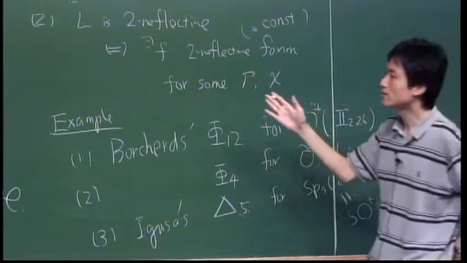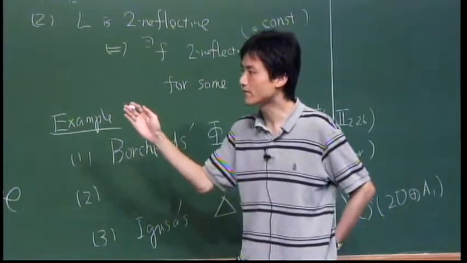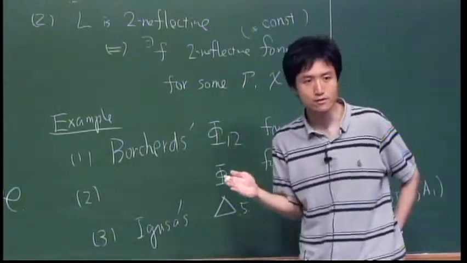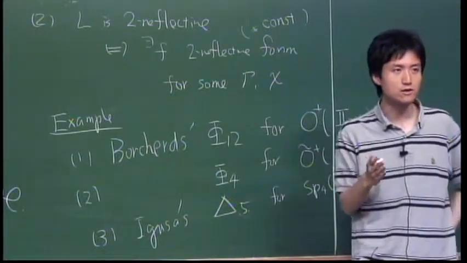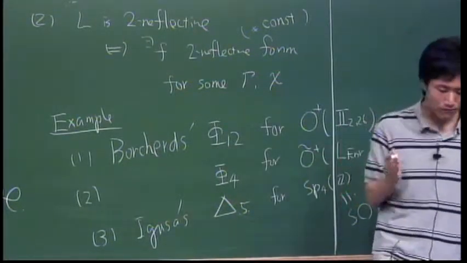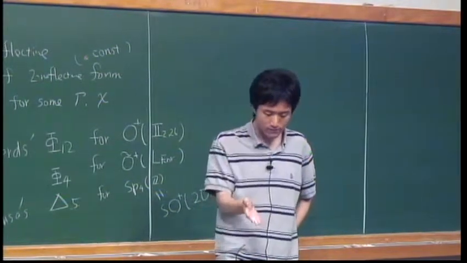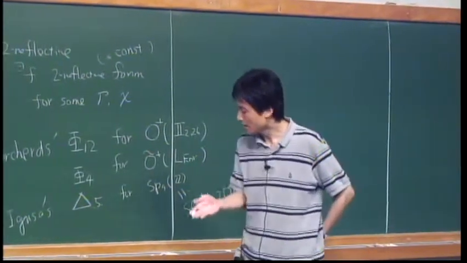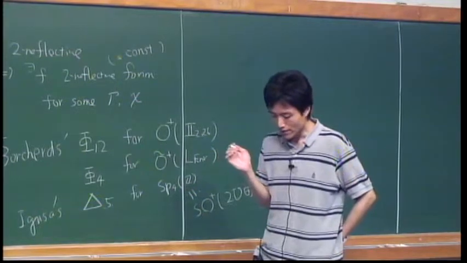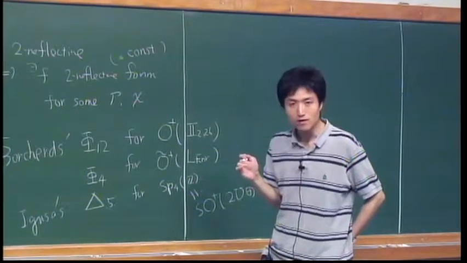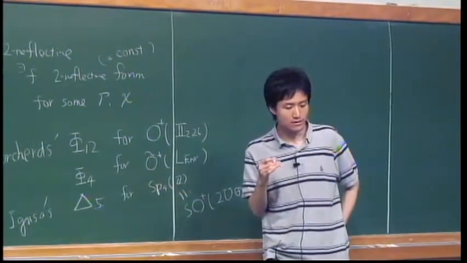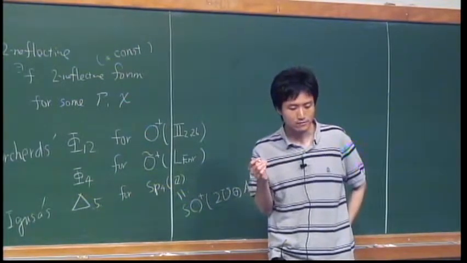Okay. And so Gritsenko–Nikulin more generally defined reflective modular forms as modular forms whose zero divisor is contained in reflective hyperplanes. And some of the results I'm going to talk about can be generalized to reflective modular forms.